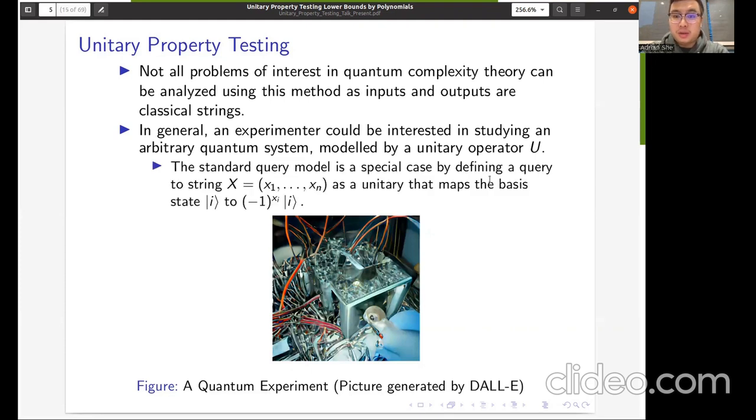However, the standard query model is indeed a special case, defining the query to a string as a unitary that maps the basis state |i> to plus or minus |i>, depending on the ith bit of the string.